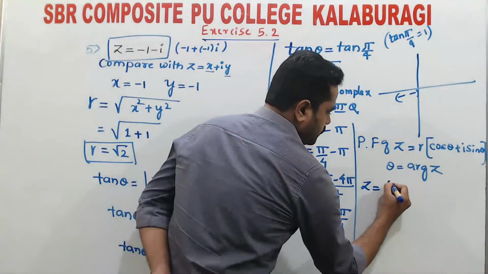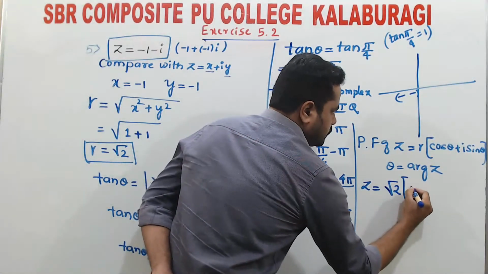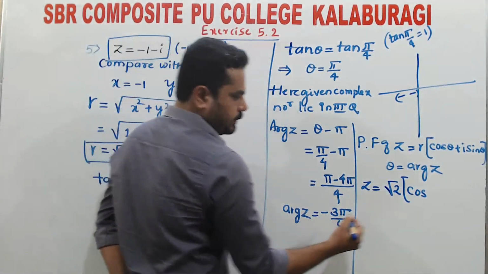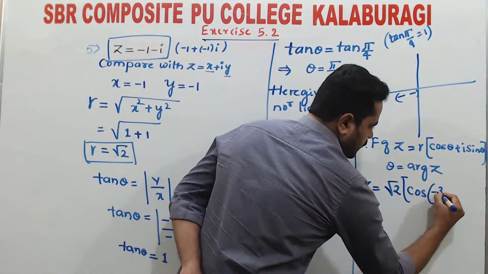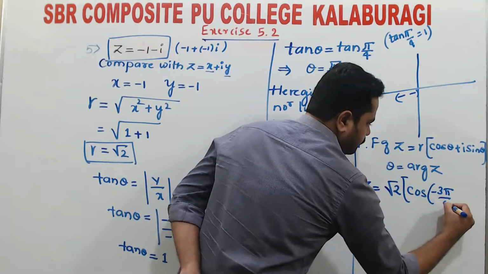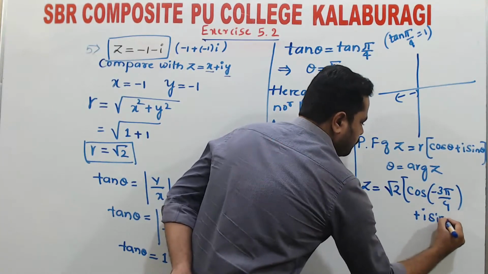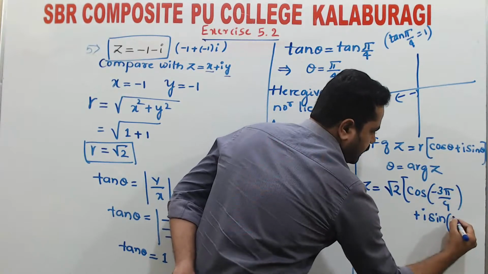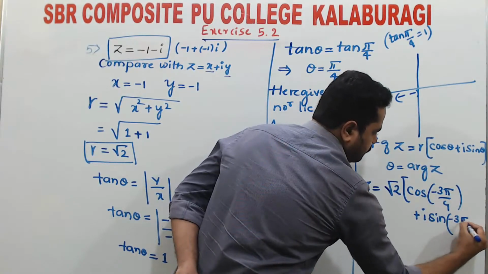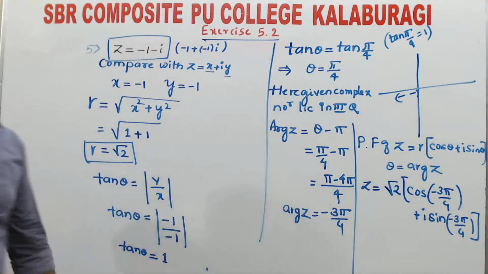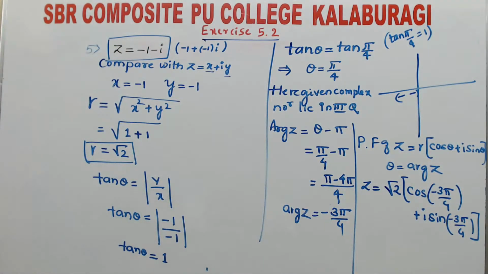Root 2, into cos of the argument of z, which is minus 3 pi by 4, plus i into sine of the argument of z, minus 3 pi by 4. And this is your polar form.